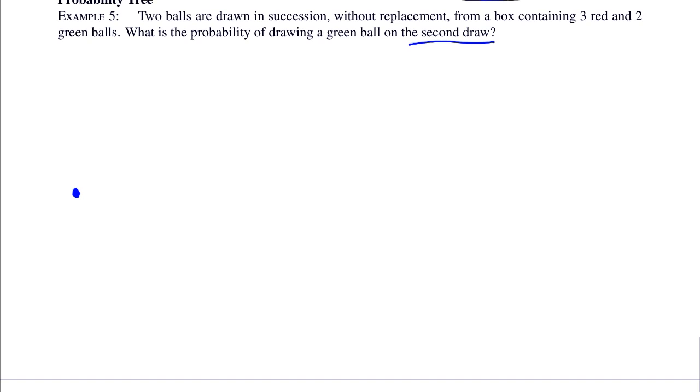You have a starting point. And you're going to draw 1 ball from the box. What are your 2 choices for the balls? Red or green. So here's red, and here's green.